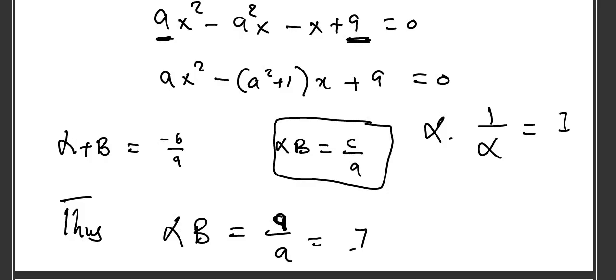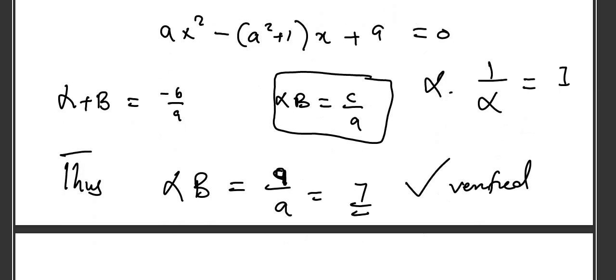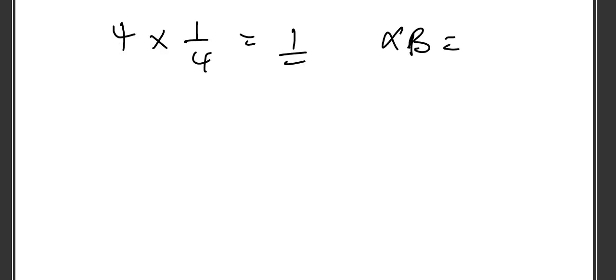So you notice the answer there is 1. So this is verified. If two numbers are reciprocals of each other, their product must be 1. Like if I give you 4, then 1 over 4, this should give you 1. So the product of these two answers, we don't know what they are, but their product must also give us 1, which is what we are getting.